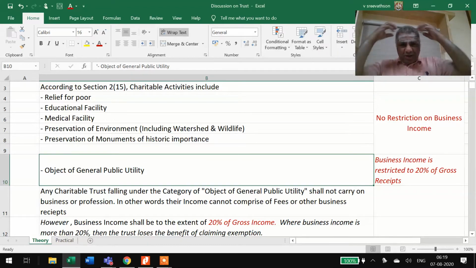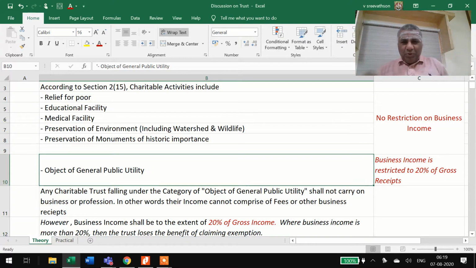But there is one yoga master who is carrying on business in a very big manner. His business income exceeds 20% of gross receipts, but if it is in object of general public utility, there is a restriction that it should be 20%.